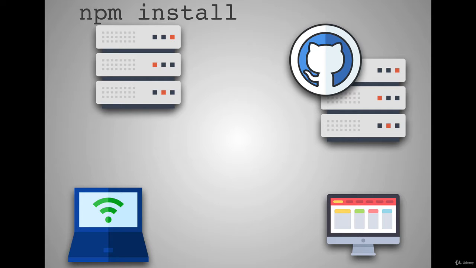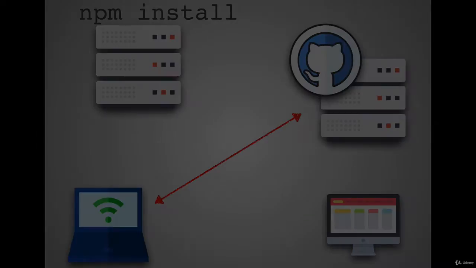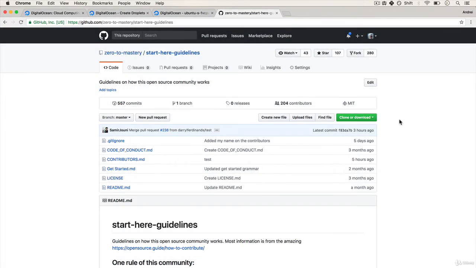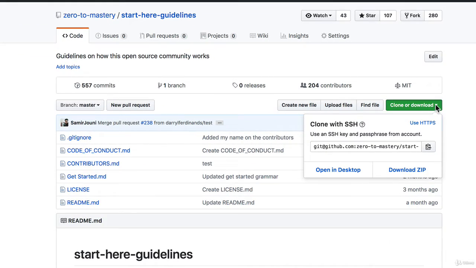So some of these examples include connecting to GitHub, to clone, push, pull files from their servers to your computer. Remember how when we clone something from GitHub, we have two options. We have use HTTPS, which you've most likely used before, and use SSH.